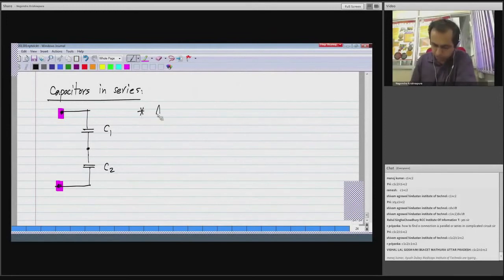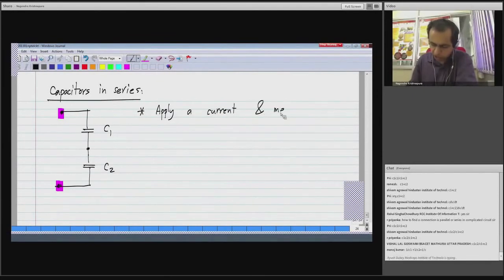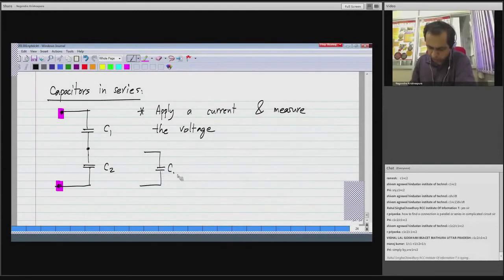You apply a current and measure the voltage. The result turns out to be a single capacitance C effective, and 1 over C effective will be 1 over C1 plus 1 over C2.